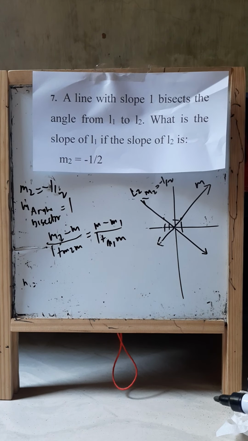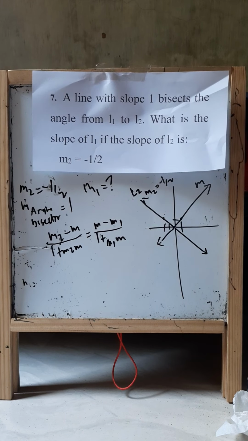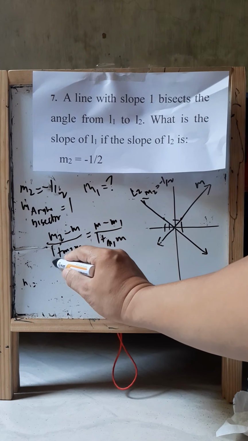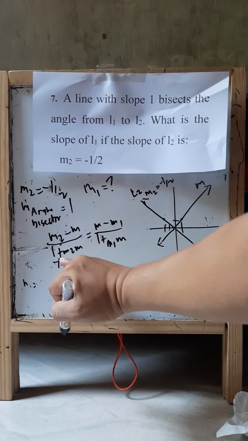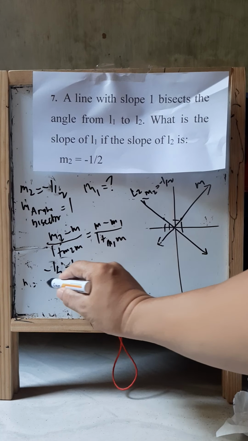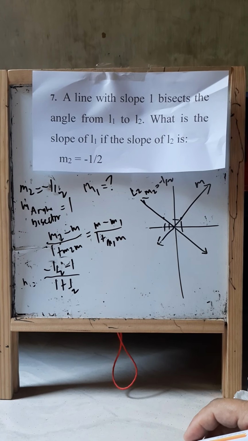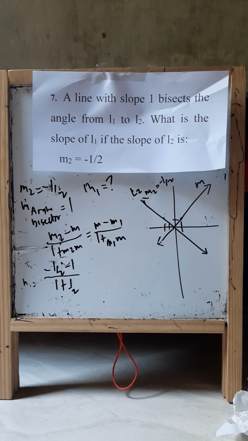Okay. So what we're trying to find here is the slope of line 1. So we have negative 1 half minus 1 all over 1 plus the product of negative 1 half and 1.